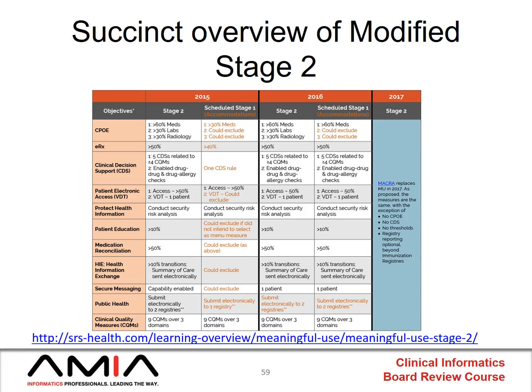But this slide is best to give a very succinct overview of what's in modified stage 2, of course moving into 2017 and advancing care information for eligible professionals. Some of these measures will change.